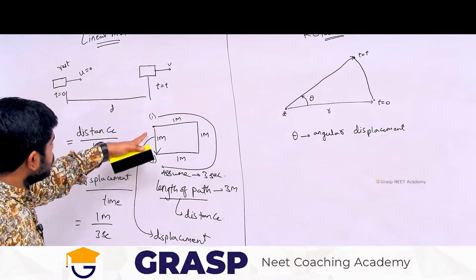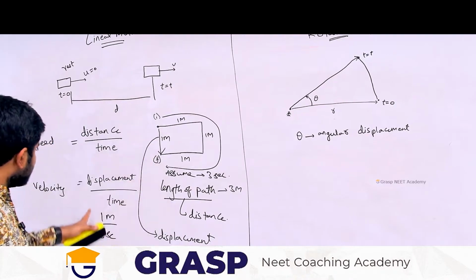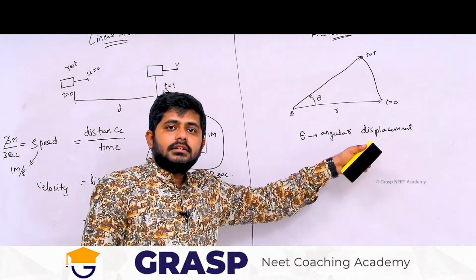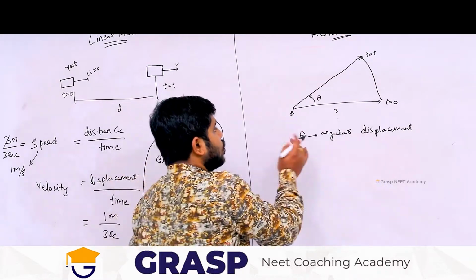Here, drawing a line directly from initial to final, we call it linear displacement, and this one we call angular displacement.